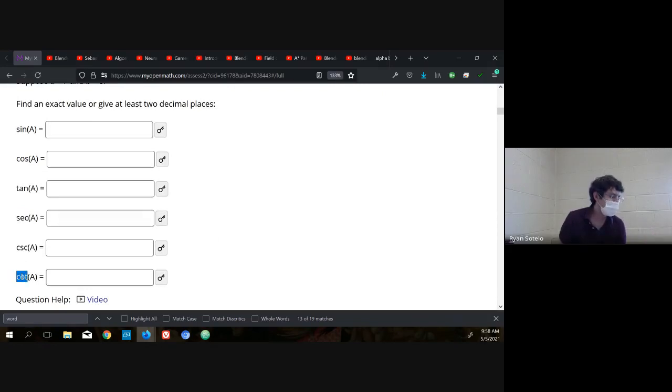So cotangent is just the reciprocal of tangent. So instead of opposite over adjacent, this would be adjacent over opposite. Secant, it starts with an S, but it's actually the inverse of cosine. So if cosine was 2/3, then secant would be 3/2. Cosecant is actually the inverse of sine, even though it starts with a C.